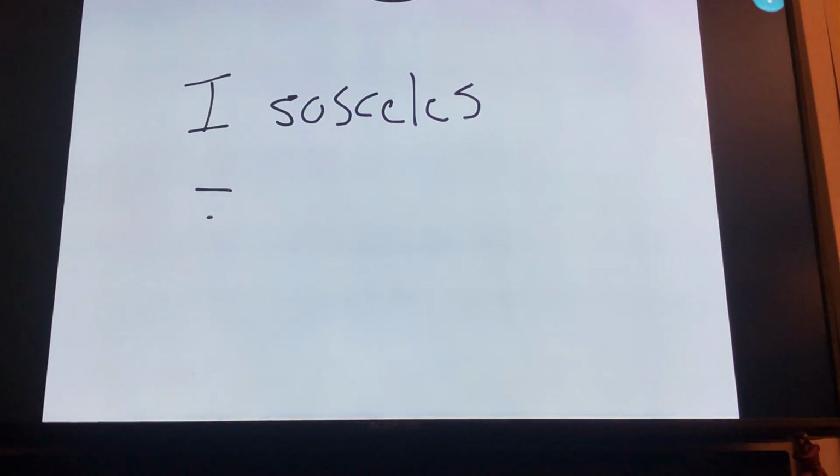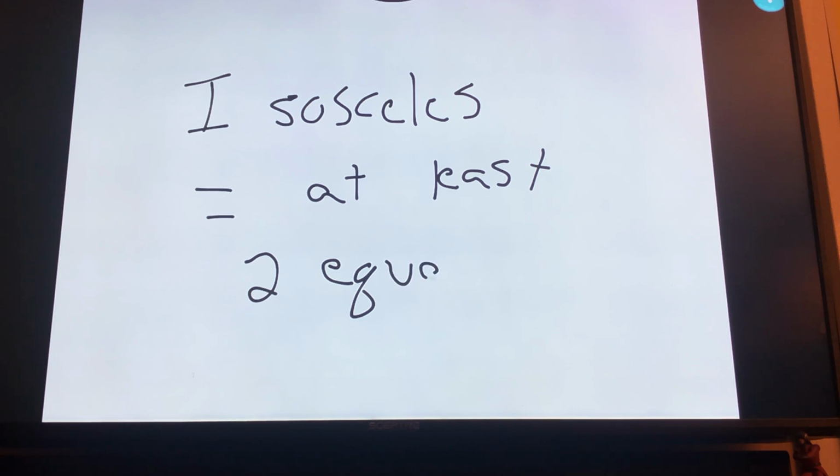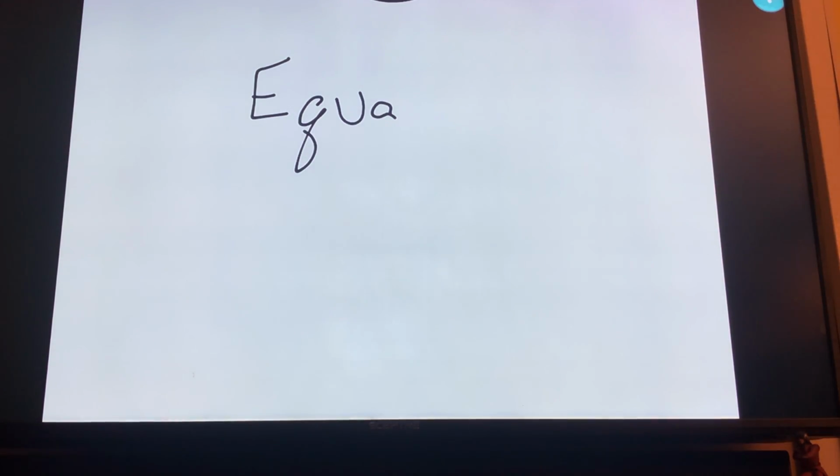Isosceles, and equilateral. I'll put A first.